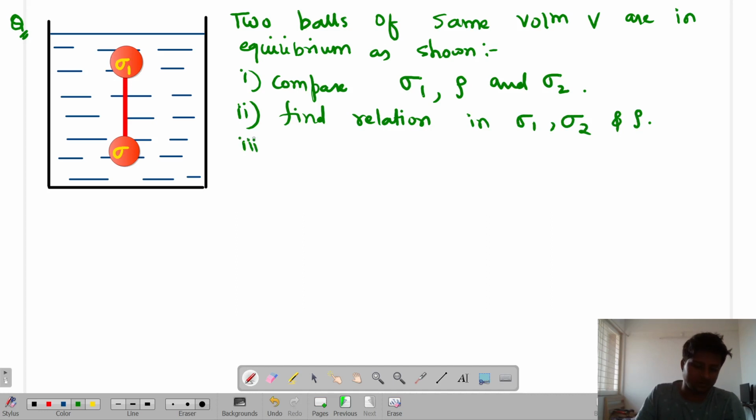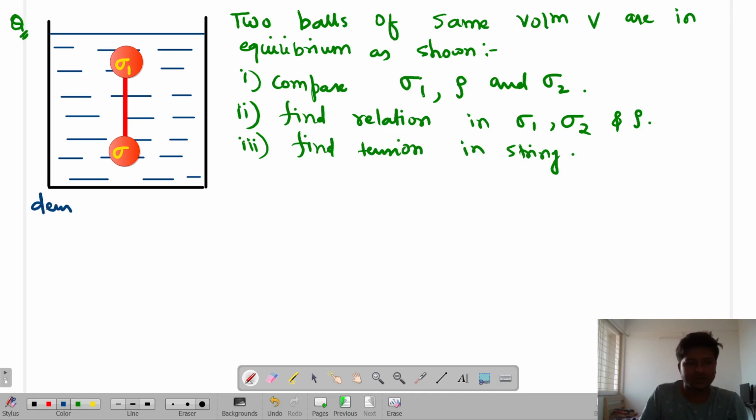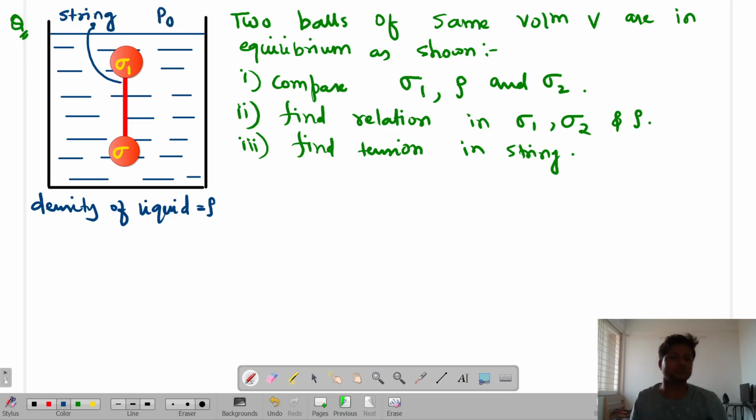Third, find tension in string. The density of liquid is represented as rho. And this is my string over here. Atmospheric pressure is P naught.